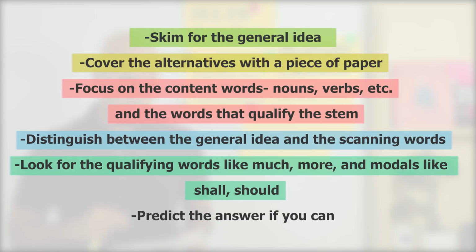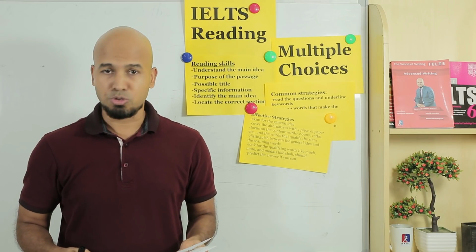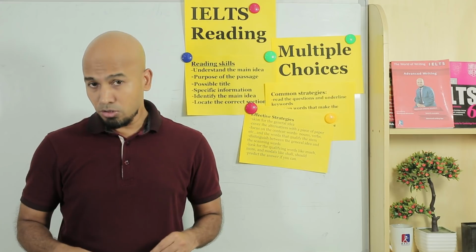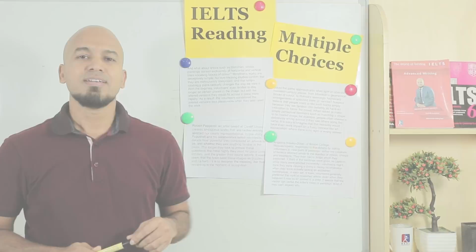Look for qualifying words like much, more, higher, and modals like must, may, should. Look for the words that add qualities. Predict if you can. This is a very good skill for multiple choice types. If you follow this, I hope you can find your answers very quickly.